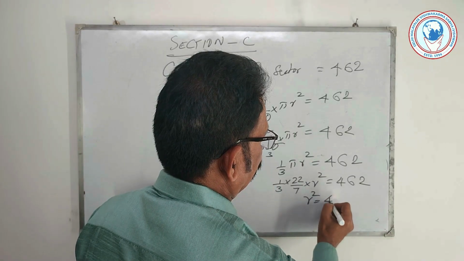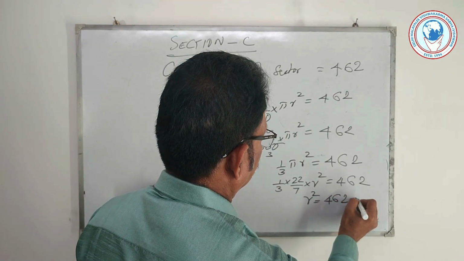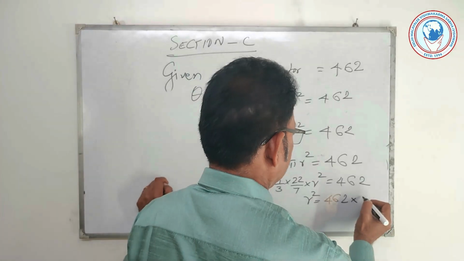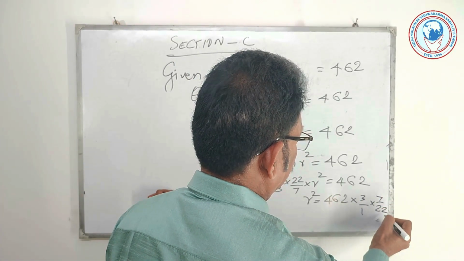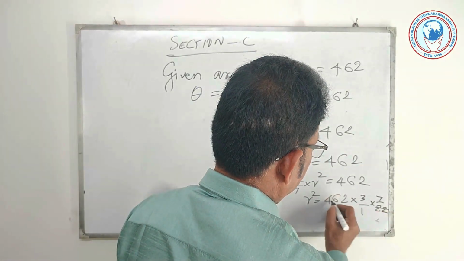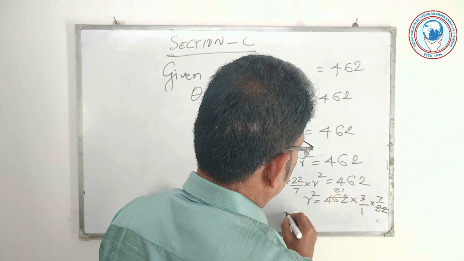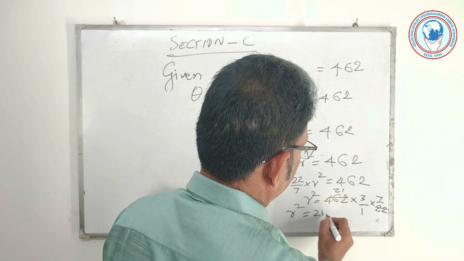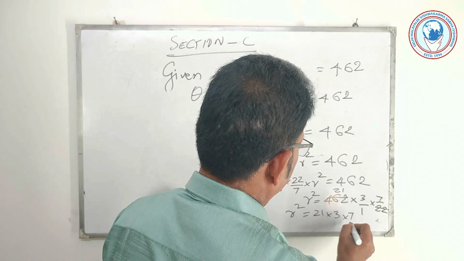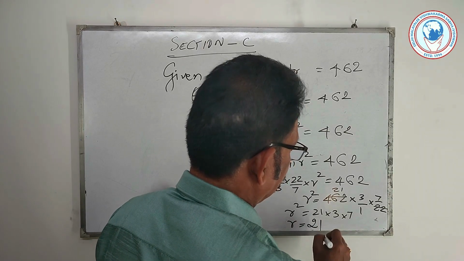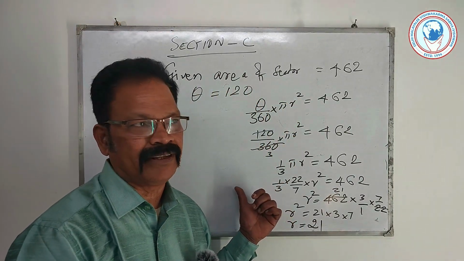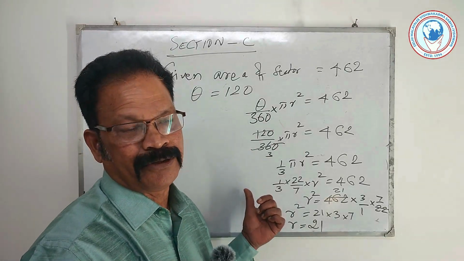So r square is equal to 462 into 3 by 1 into 7 by 22. r square is equal to 21 into 3 into 7. Therefore, r is equal to its square root, that we will get 21. Radius of the corresponding sector is equal to 21.